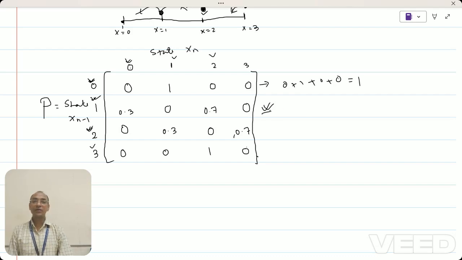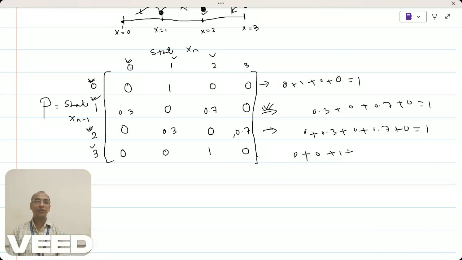In the second row, 0.3 plus 0 plus 0.7 plus 0, again 1. In the third row, 0 plus 0.3 plus 0 plus 0.7 plus 0 is equal to 1. And here I am having 0 plus 0 plus 1 plus 0. So in each row, the sum of the elements must be 1, not more than 1.